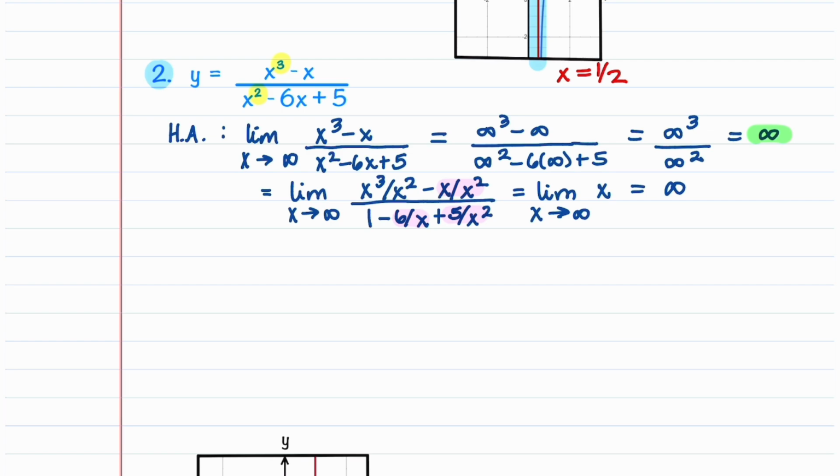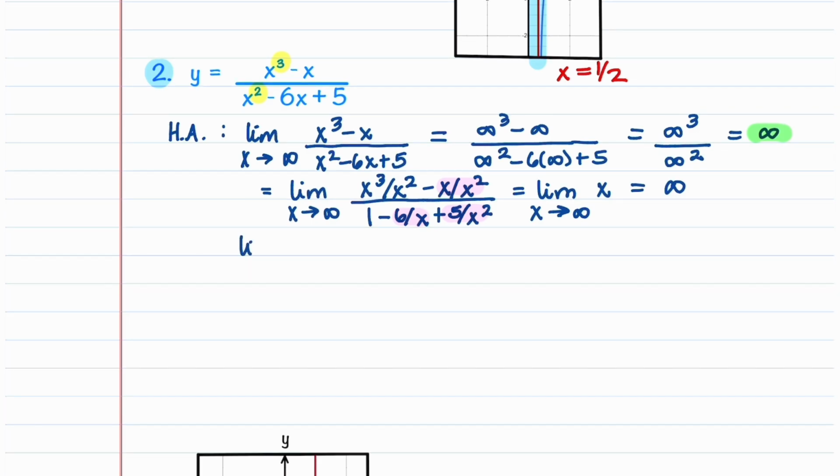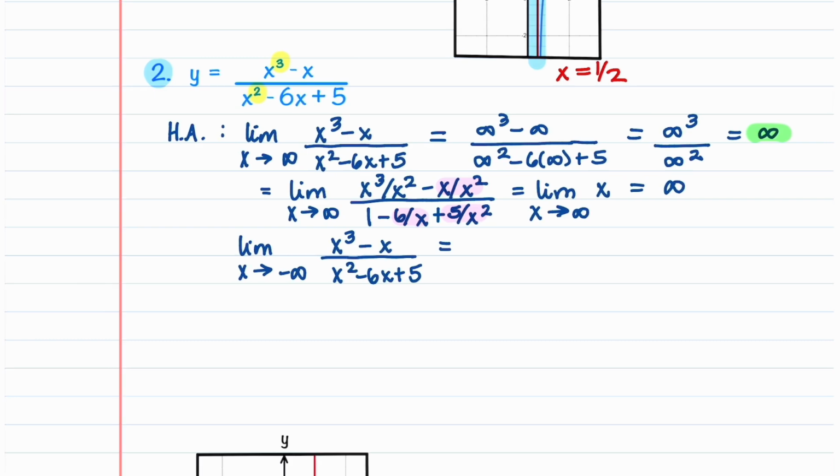Now let's look at what happens as x approaches minus infinity. We have (x cubed minus x), all divided by (x squared minus 6x plus 5). Let's plug in minus infinity. We'll have to watch our negatives here.